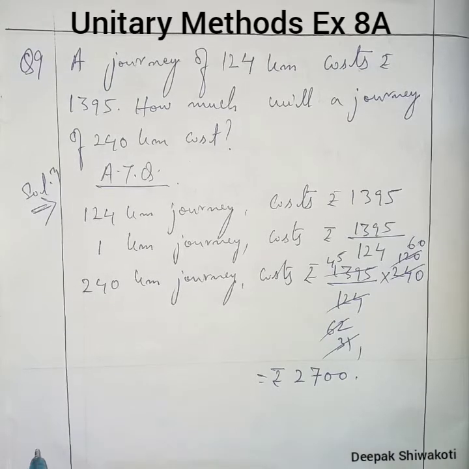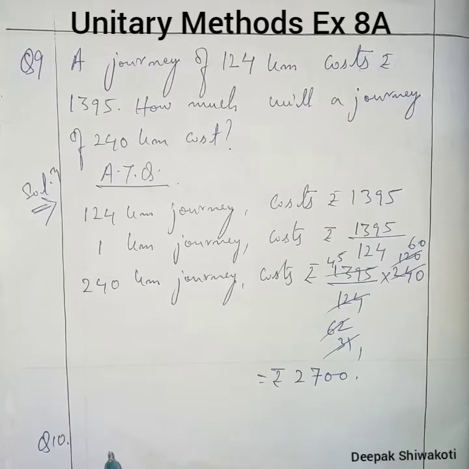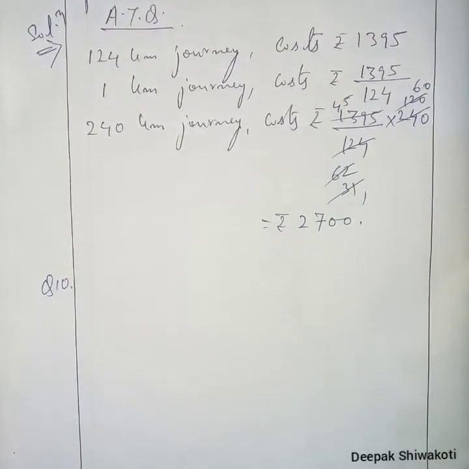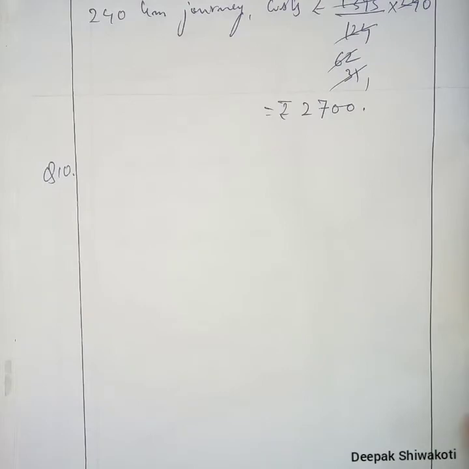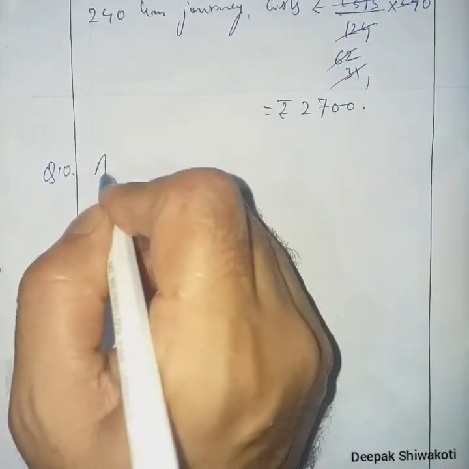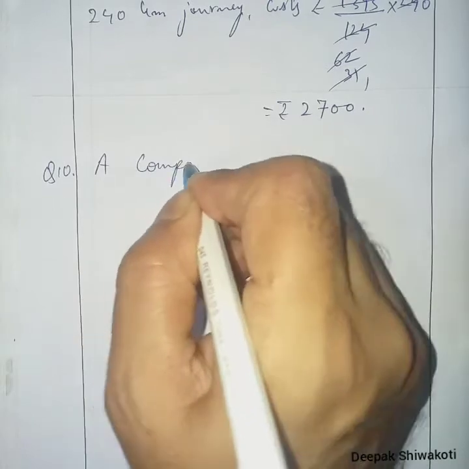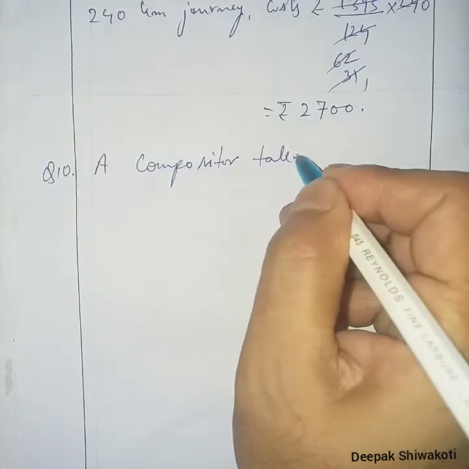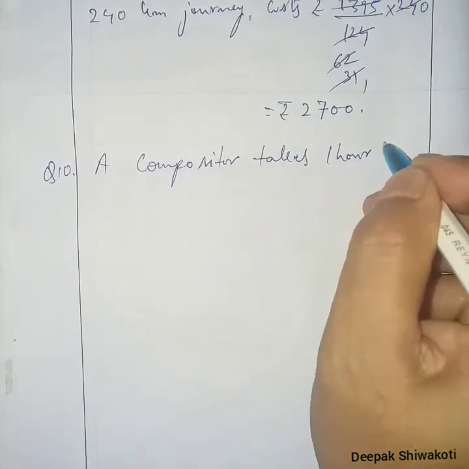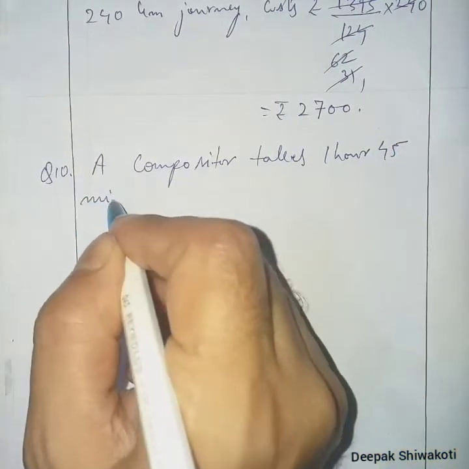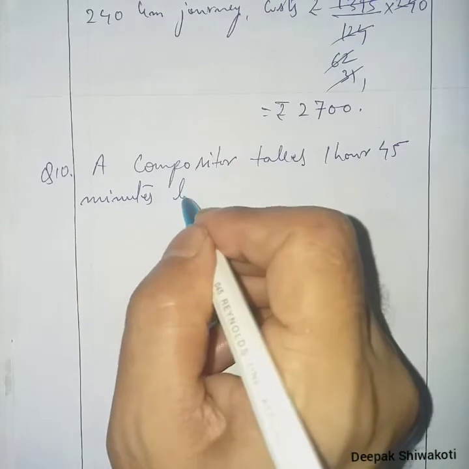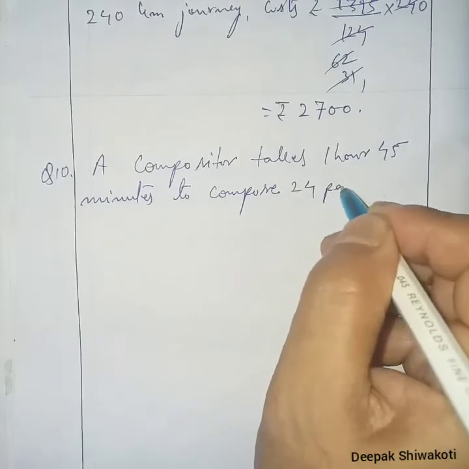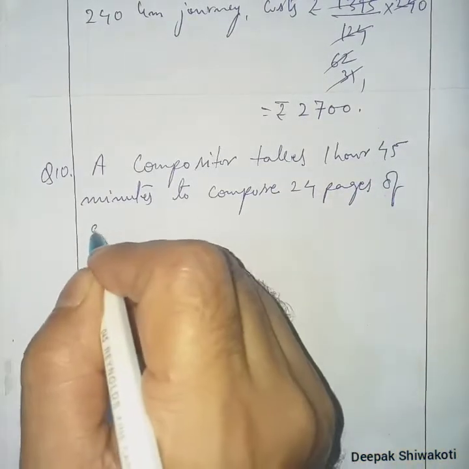Next is question number 10. A compositor, means who composes, takes 1 hour 45 minutes to compose 24 pages of a book.